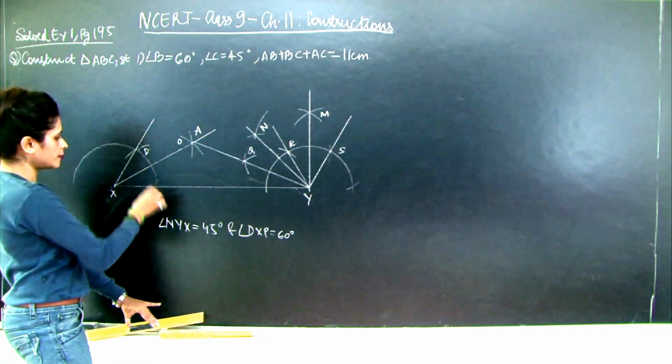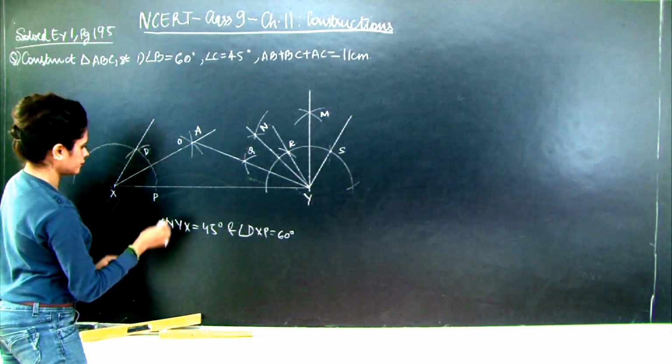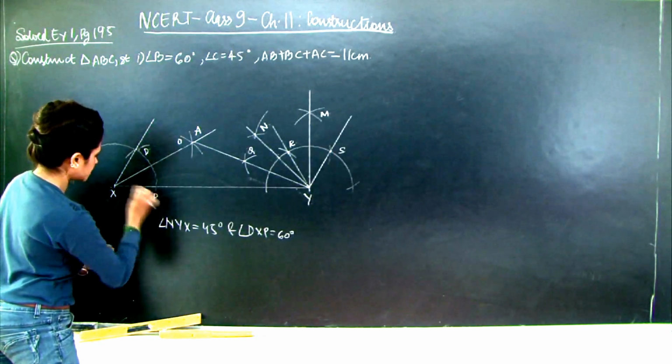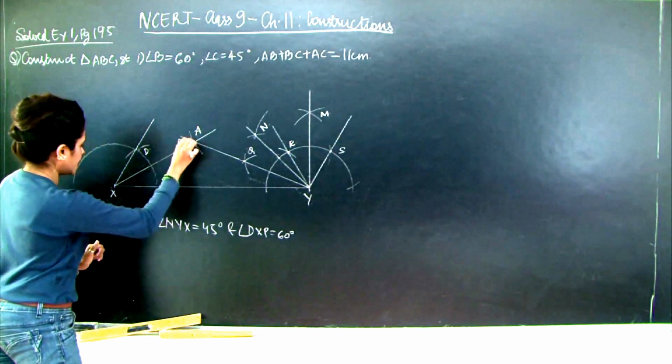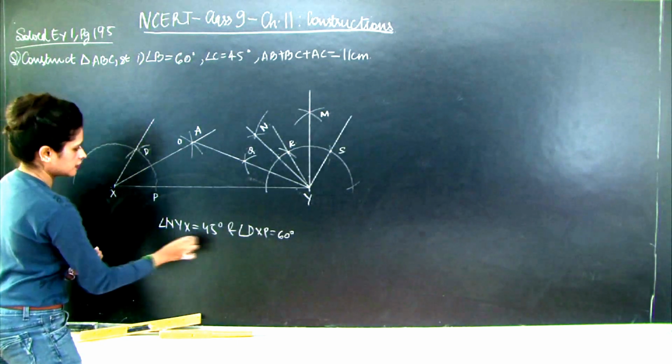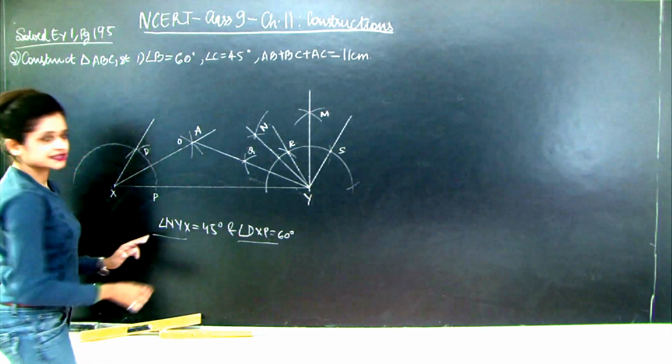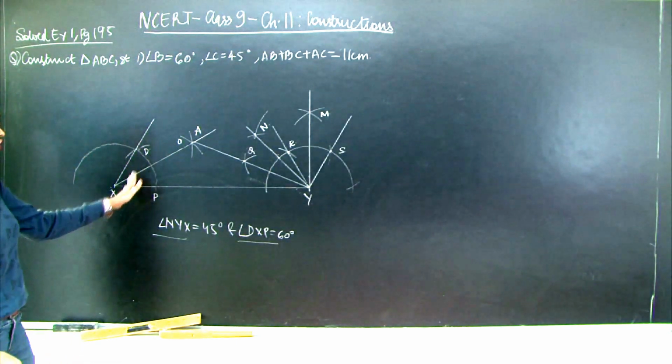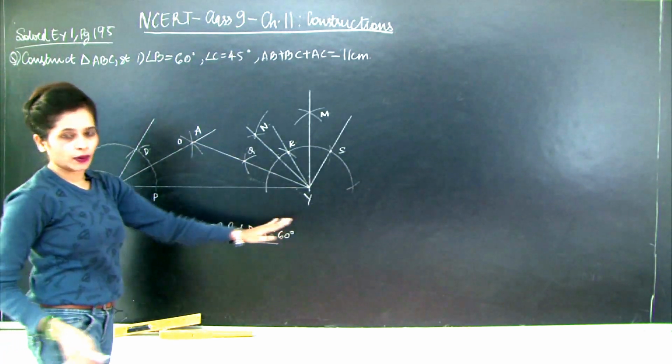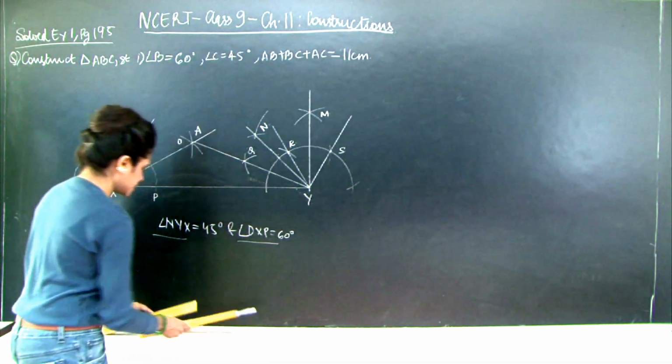Now we are going to draw, so what did we do? We bisected angle DXP and NYX. Now we are going to draw perpendicular bisectors of XA and AY. So let's do that.